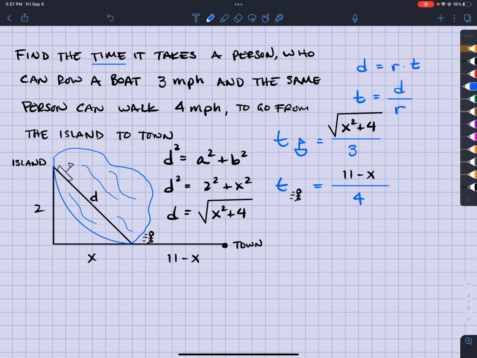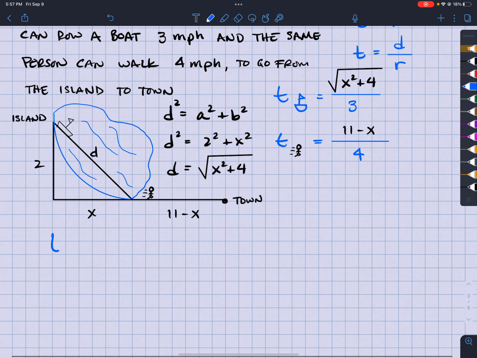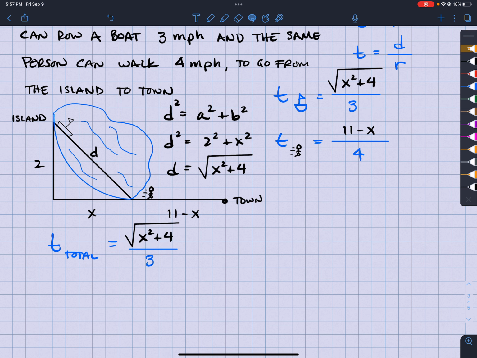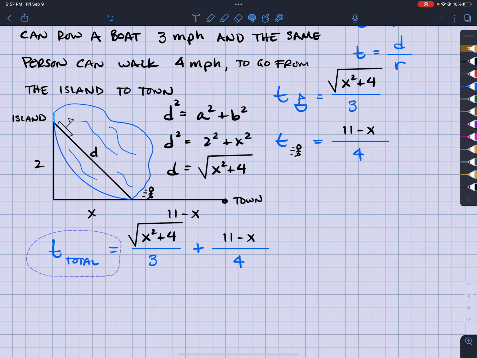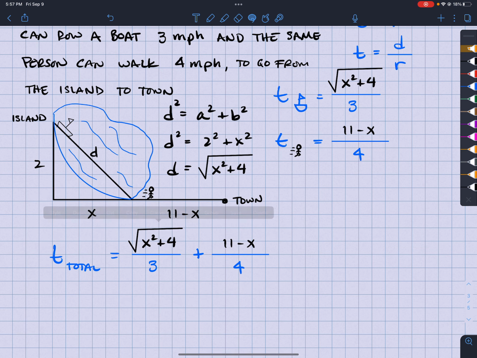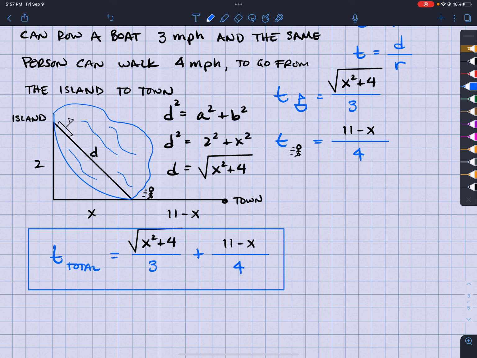So my total time is going to equal this plus this. So that's the total amount of time that it's going to take me to make these travels. And there we go.